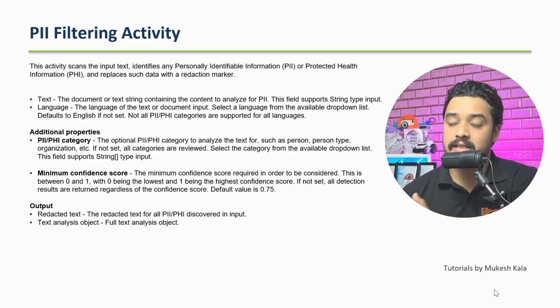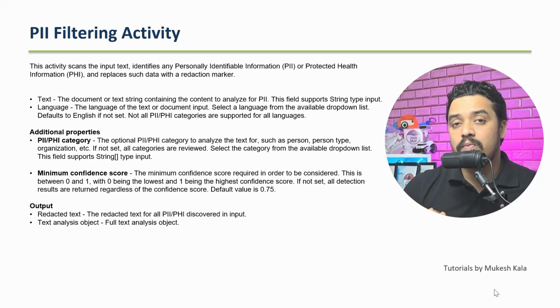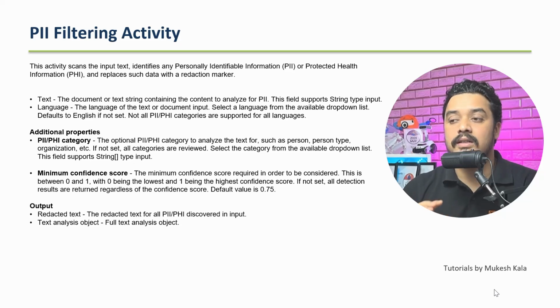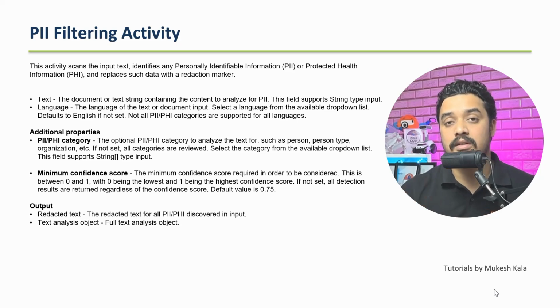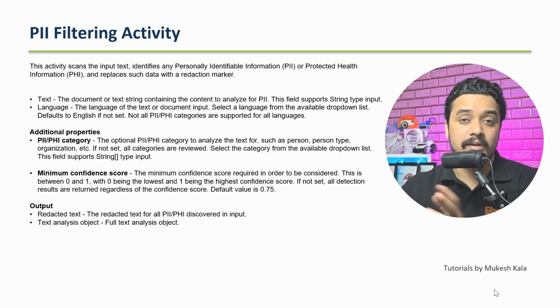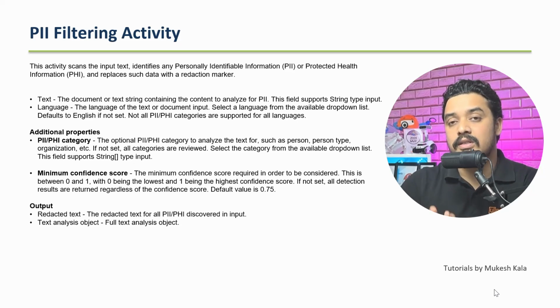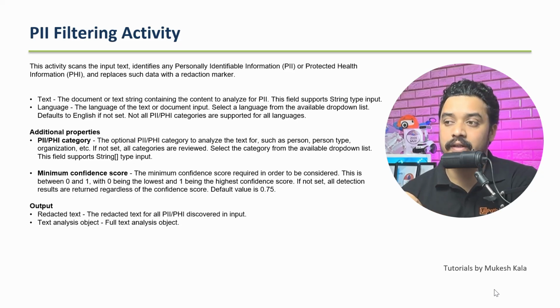It has text as an input and the output is also text, where the text is redacted. Redacted text means that, for example, if the personal information includes my SSN number, the activity is going to replace it with some other information so that the personal information is redacted. That's how this activity works.